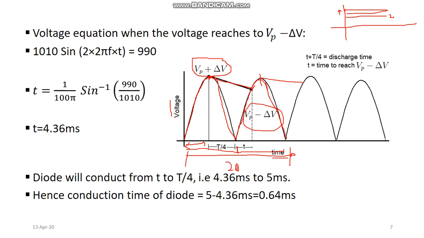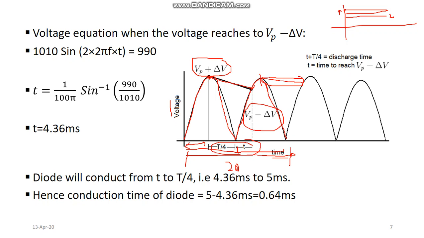So the time period during which it will discharge from its peak value to the lower limit, that is 990 volt, is equal to the sum of T by 4 plus this time period T.